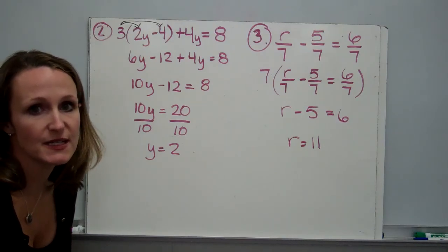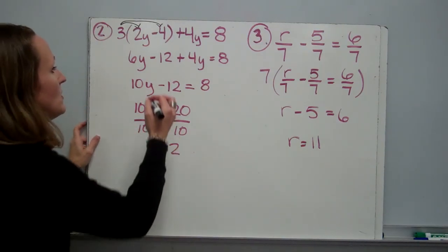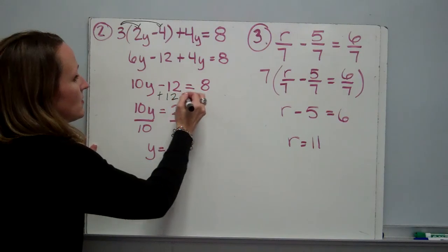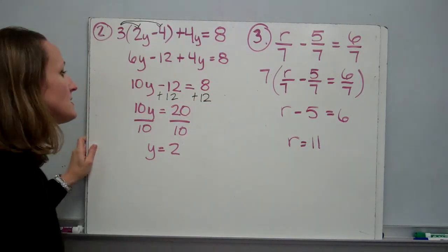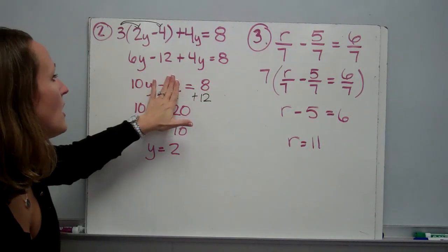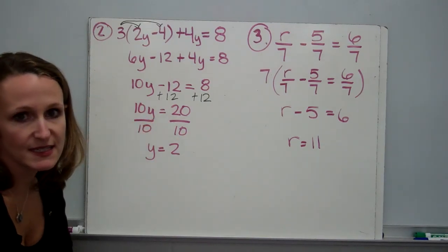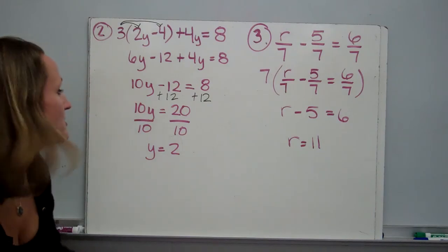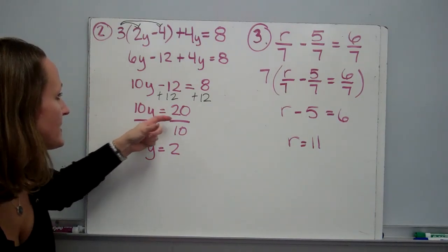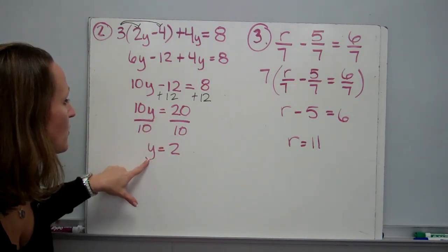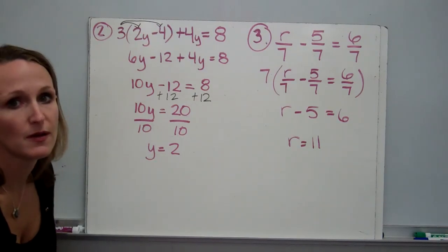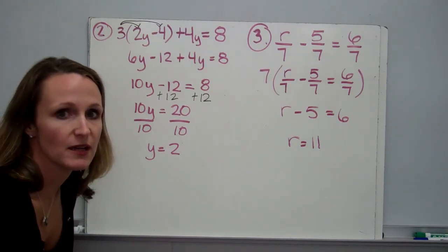Next, undo any addition or subtraction. So I added 12 to both sides. Now this is gone, and I'm left with 10y equals 20. My last step, undo multiplication or division: divide both sides by 10, and I'm left with an answer of y equals 2. If you're in doubt, go back and check it.